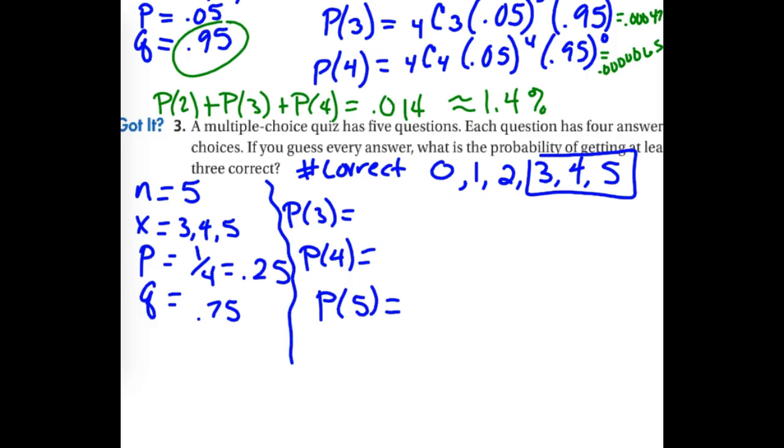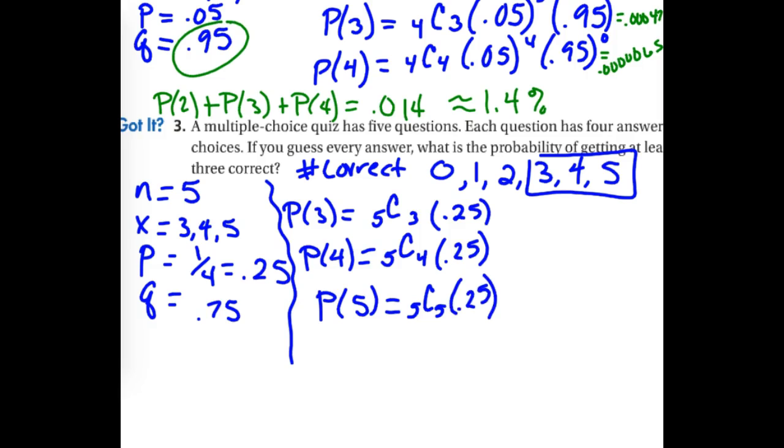So setting it up with our nCx, we have 5C3, 5C4, and 5C5. Probability of success, we said, was 0.25. How many successes do we want for the first option here? 3.